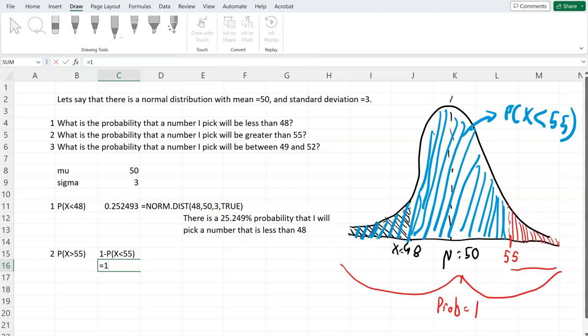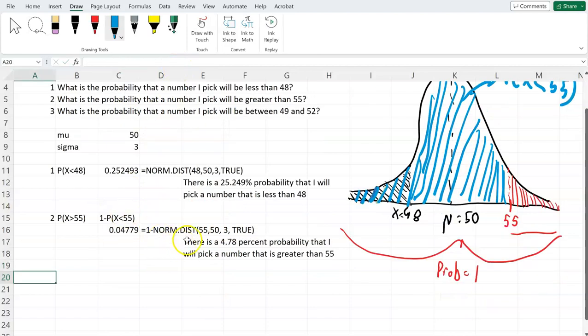The value is 55, mean is 50, standard deviation is 3, and for cumulative we say true, and we get this number. From this we can say there's a 4.78% probability that I pick a number that is greater than 55, so the number is in this red region right here.